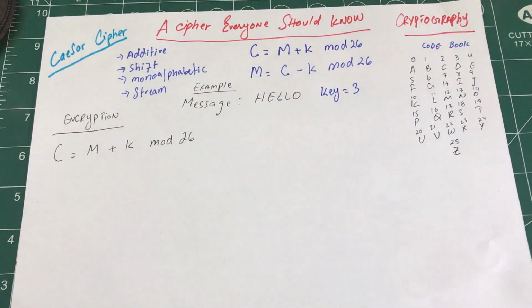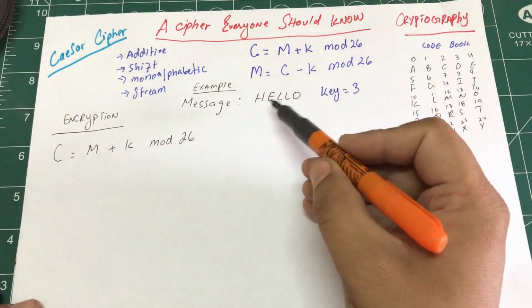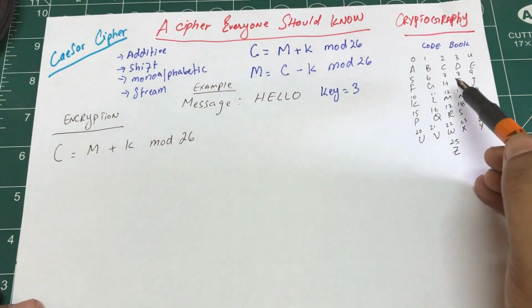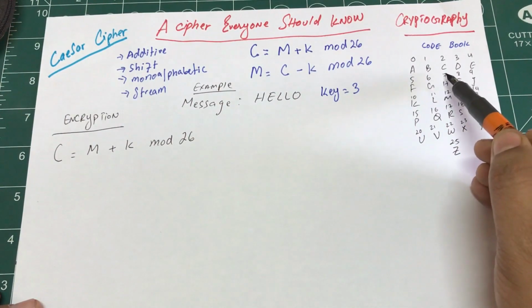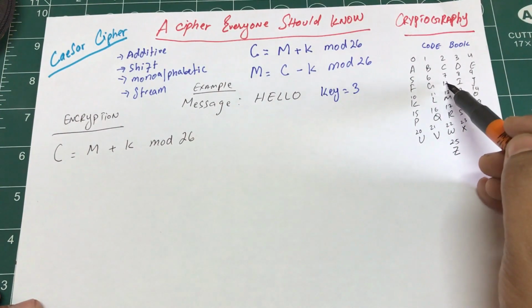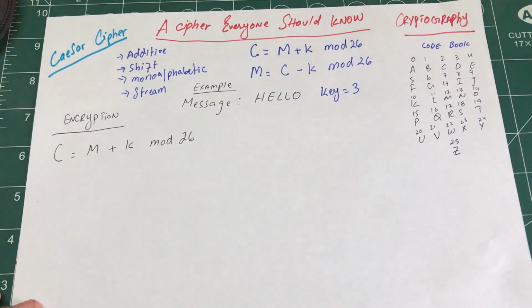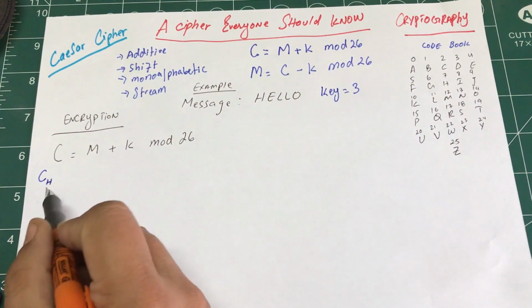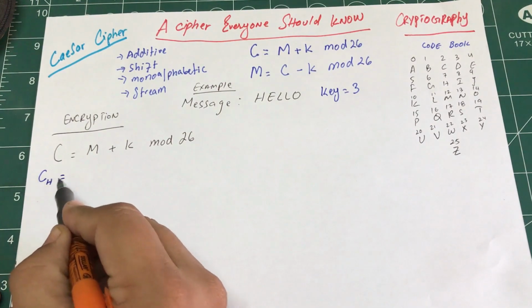Let's look at our code book and try to encrypt HELLO. H has a code value of 7. As you can see from here, H has a value of 7. So let's write C_H.